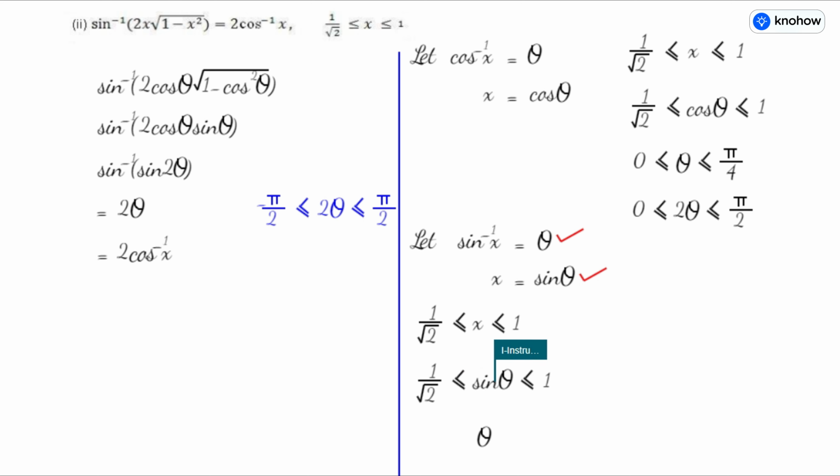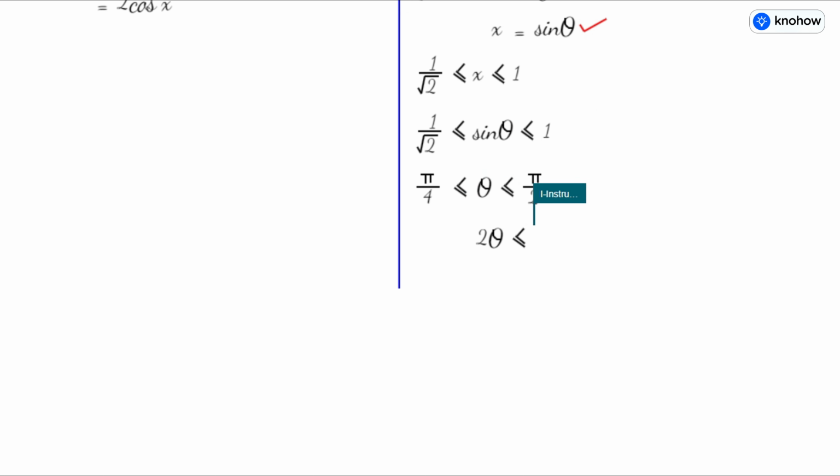So theta lies between, what is that angle whose sine is 1? Pi by 2. And what is that angle whose sine is 1 by root 2? Pi by 4. So theta lies between pi by 4 to pi by 2. And 2 theta lies between what? Multiplying throughout by 2, 2 theta lies between pi by 2 to pi.